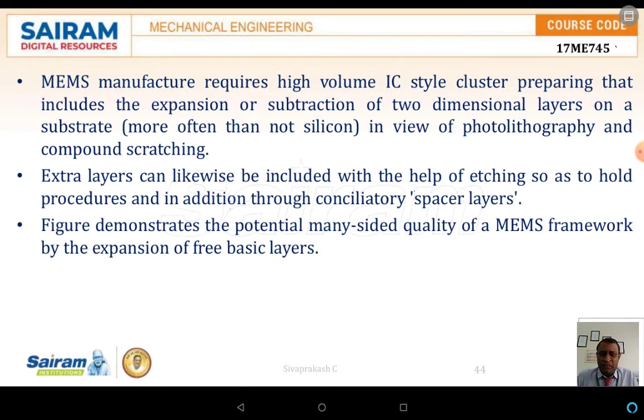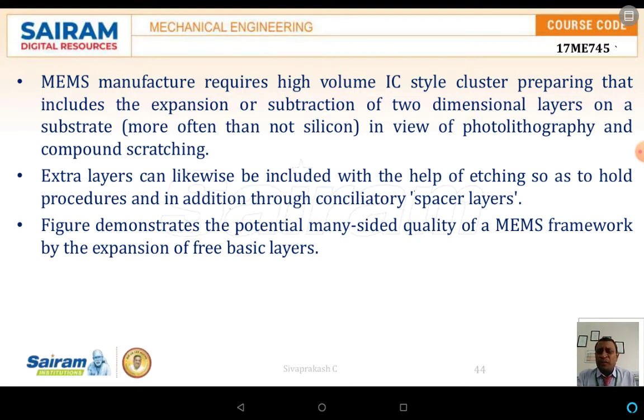Extra layers can likewise be included with the help of etching to hold the procedures, and also the addition through the sacrificial spacer layer. Now here, the demonstration shows the potential and quality of the MEMS framework by the addition of the structural layers.